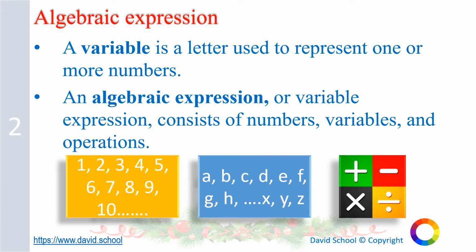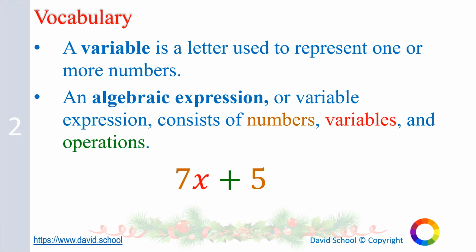An algebraic expression or variable expression consists of numbers, variables, and operations. For example, 7x plus 5 is an algebraic expression. This is an algebraic expression because there is a variable x in this expression. A numerical expression is called an algebraic expression if there is at least one variable in it.